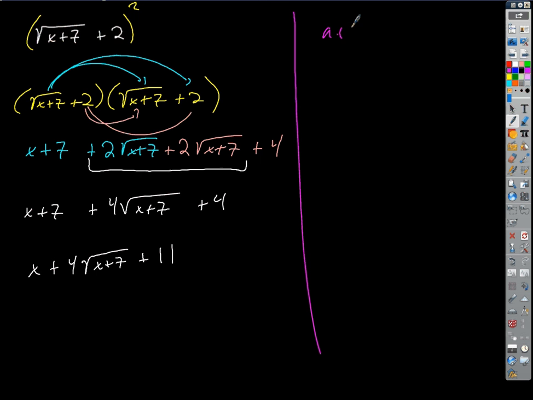Now we could use our pattern, right? We know that a plus b squared, Aspen told us, is just a squared plus 2ab plus b squared. So then this must just be equal to a squared, the square root of x plus 7 squared, you already told me, is just x plus 7, right?